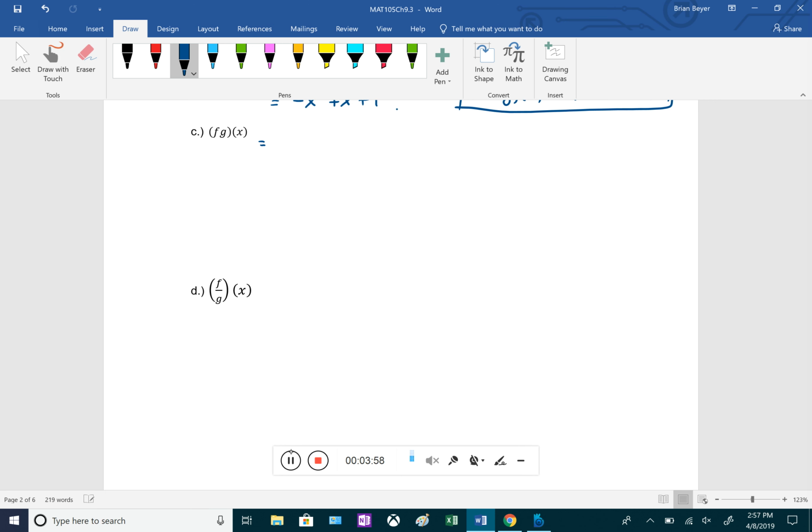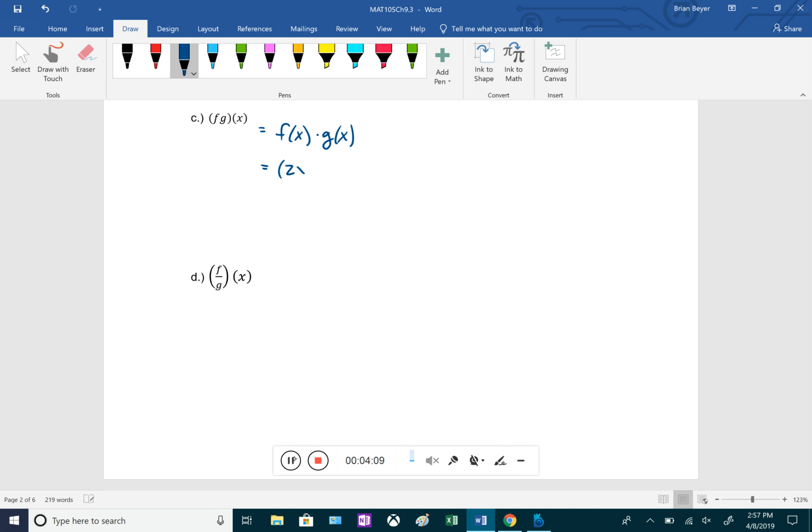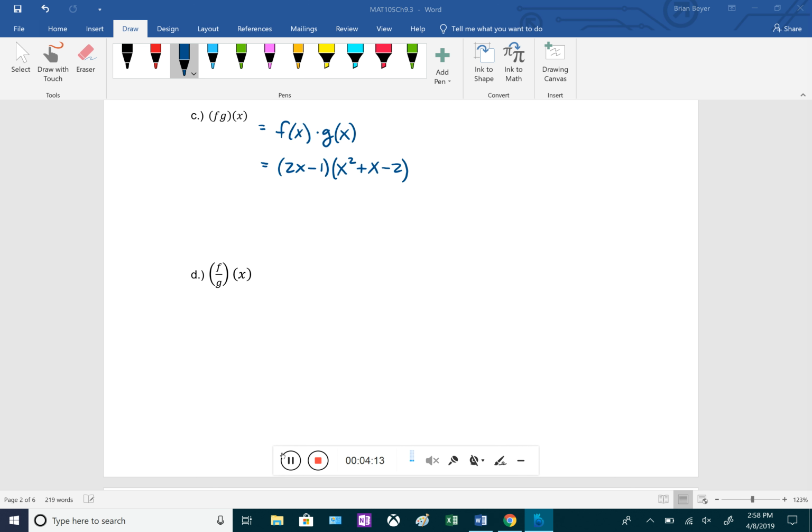Okay, next one we have f times g of x. What this means is f of x times g of x. All we have to do is plug in the functions and multiply them together. So 2x minus 1 times x squared plus x minus 2. Now we have to distribute each term from the first function into each term from the second function.